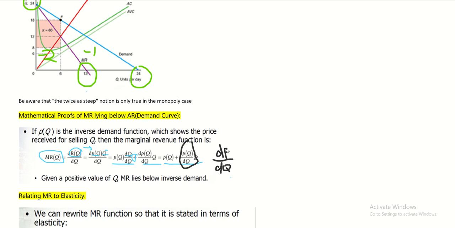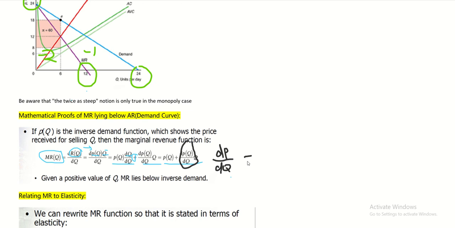Essentially, it is asking the relationship between P and Q. Because we are dealing with a demand function, all of you might know the law of demand, which is as the price increases, the quantity demanded will decrease. So the relationship between these two is actually negative. That is essentially what this derivative means, the relationship between these two variables.